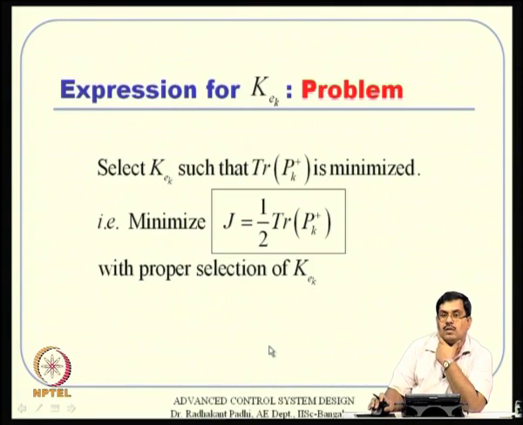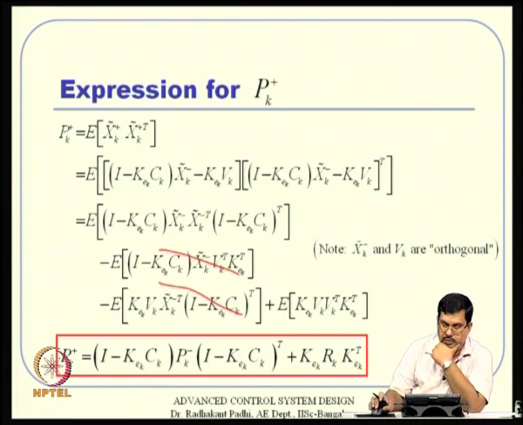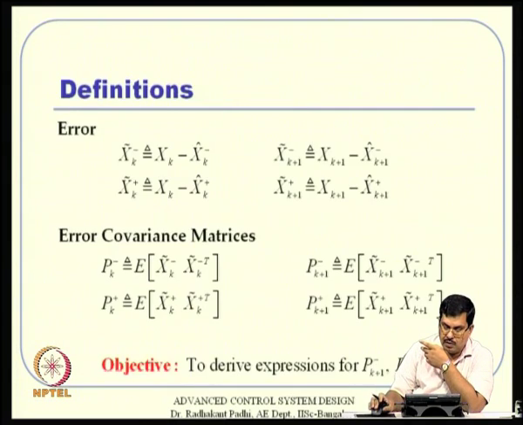Okay. So now we need to derive K_k, like the estimator problem. Remember what our problem is. The problem here is P_k plus, which by definition is the error times the error transpose, and this is after the update.